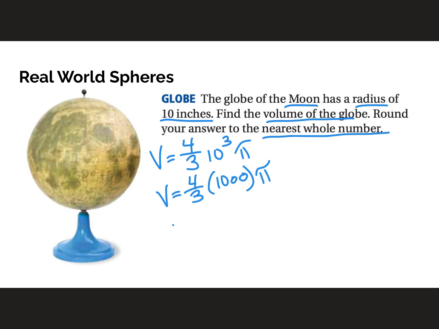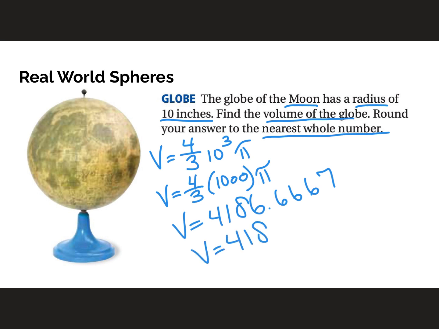And I get my volume equals 4,186.6667, which rounds to the nearest whole number of 4,187. Remember, you have to follow the rules where it tells you to round to the nearest whole number.